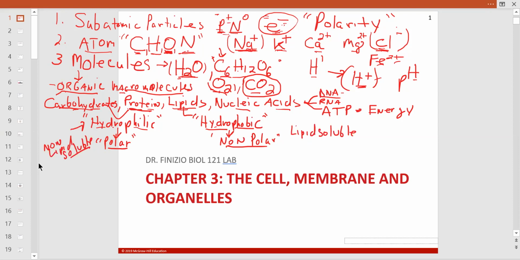Just to go back to carbohydrates, proteins, lipids, and nucleic acids, you want to be straight on what we need these things for. What do we need carbohydrates for, like glucose? What do we use them for? Energy. Yeah, we use them to make ATP. We want to use glucose, which is a monosaccharide, the simplest of carbohydrates, to make ATP. That's the number one thing we want to do with carbohydrates.